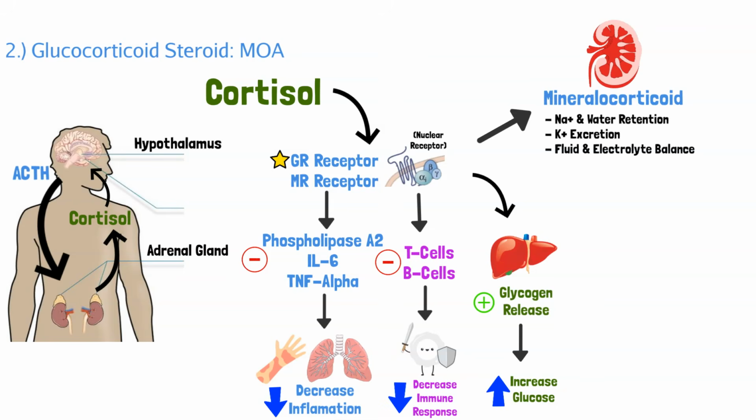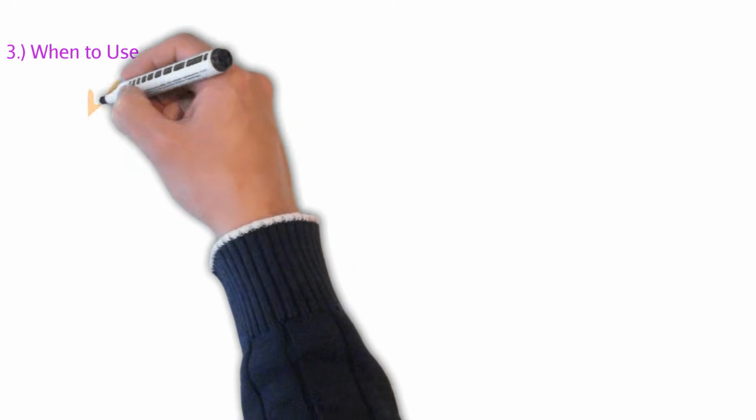And we'll talk about this again in more detail. But basically, when we have a corticosteroid, we can have that drug either favor the glucocorticoid receptors or the mineralocorticoid receptors or both.